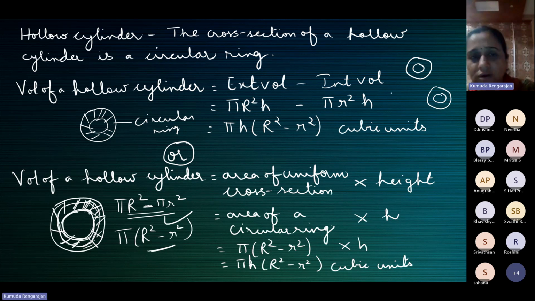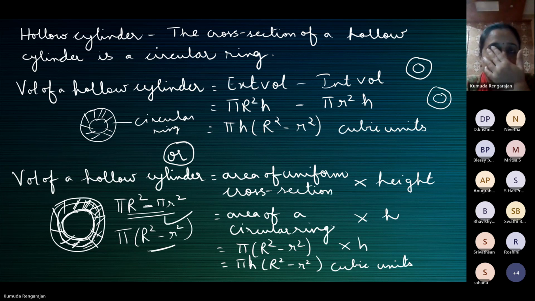There's yet another way to understand the formula. A hollow cylinder can be understood as a solid from which, out of one solid cylinder, you're removing another cylinder of a smaller radius but the same height from the middle.